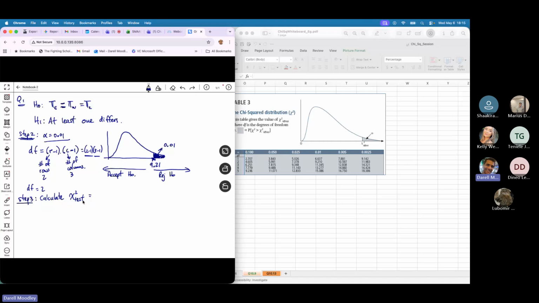So the formula for it is sum of (F naught minus FE) all over FE, all squared. Okay, that's your chi-squared statistic. All right, now, if you don't want to memorize this formula, that's fine. It's perfectly fine.